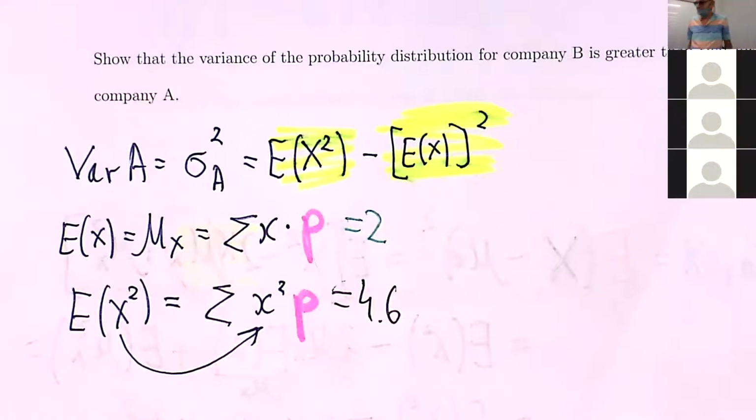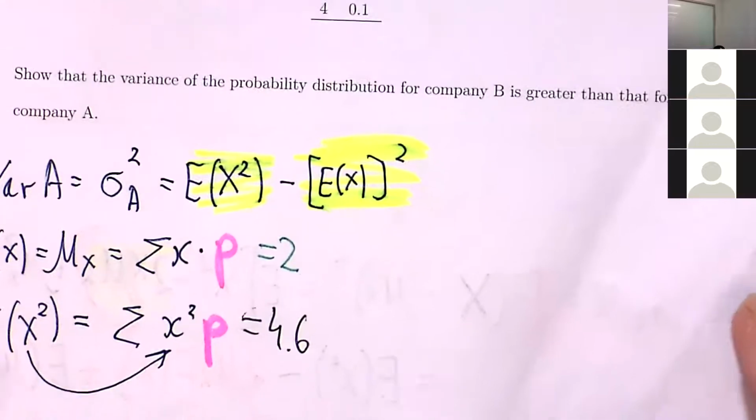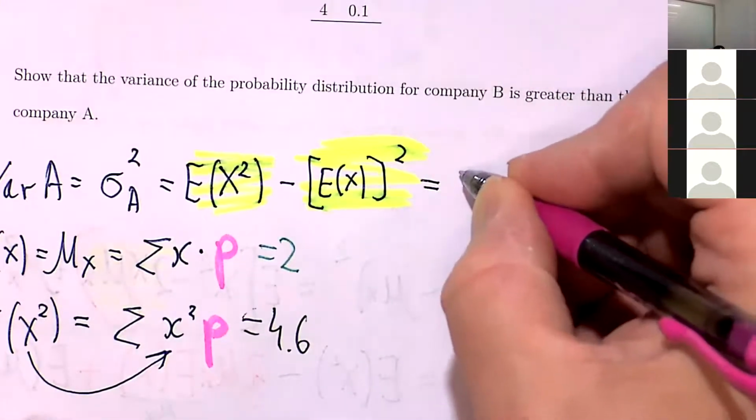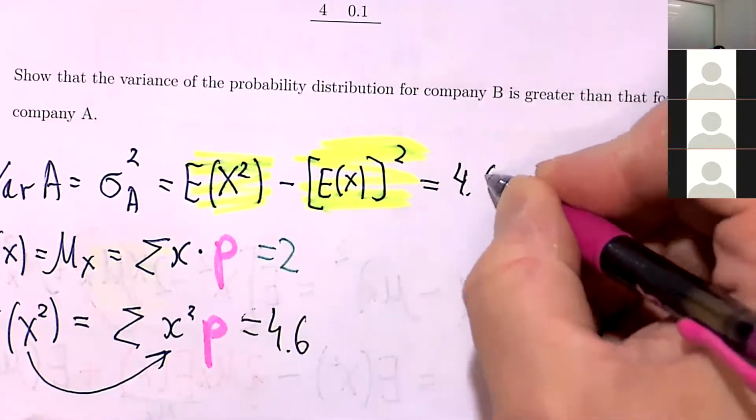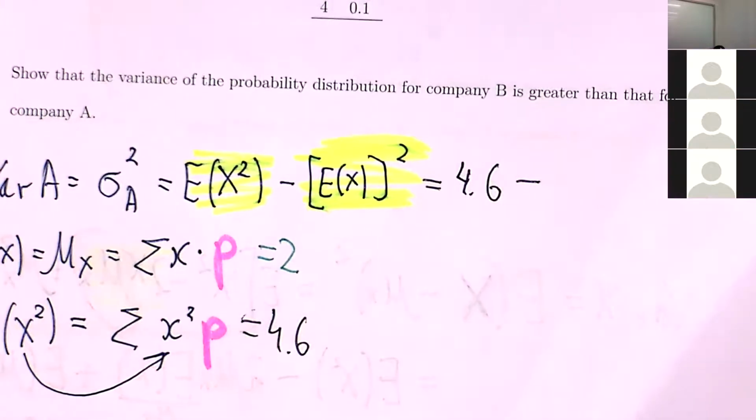And now it's easy to find the variance. Let's plug in these values in the variance. So 4.6 minus. Now, it is a common mistake I found among many students to subtract the expected value but not square that expected value. So don't make that mistake.